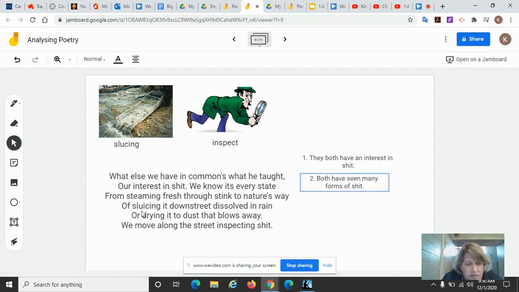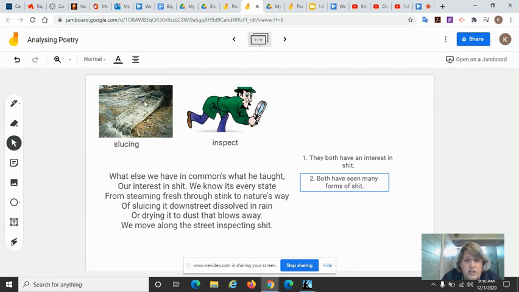Okay, so just so you know, sluicing is when water runs and pushes stuff away, kind of makes it dissolve. This is a sluice box used for catching gold.